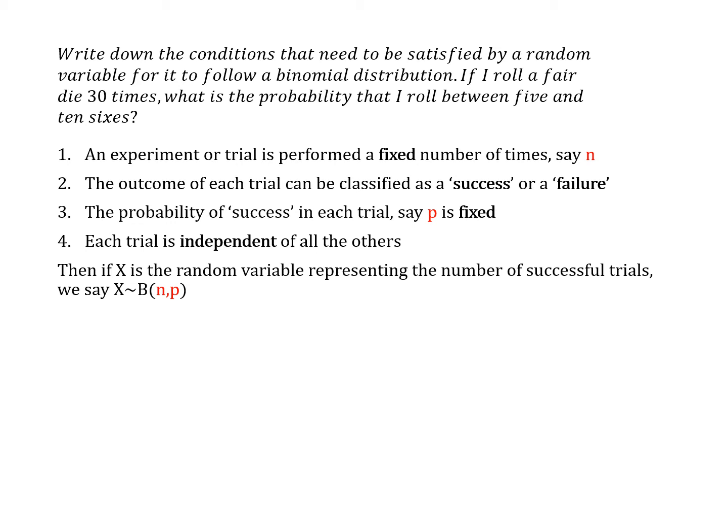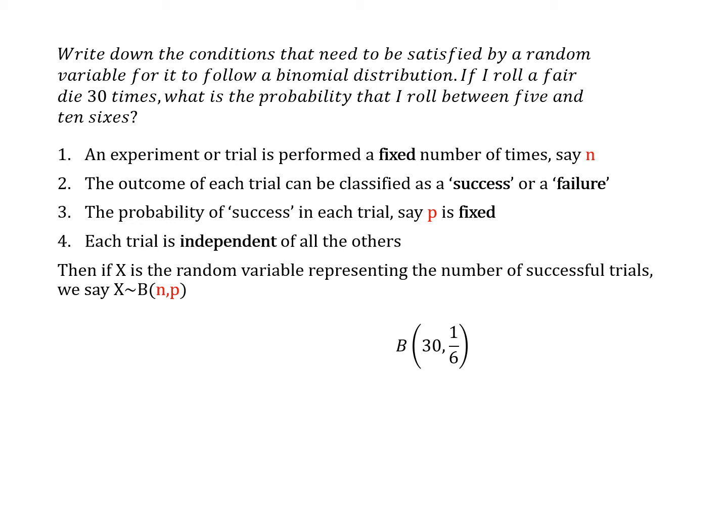If you think about each of the 4 conditions, then as long as it's a fair dice, which we're told it is, and nothing changes as we go along, then all the conditions are satisfied, and we can use the binomial distribution. In this case, n is 30 and p is 1/6.